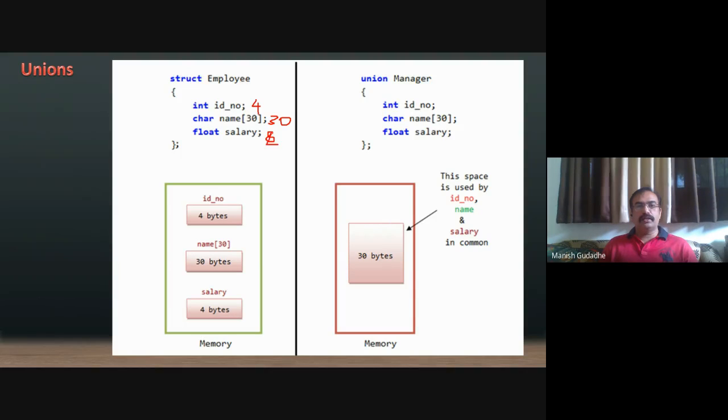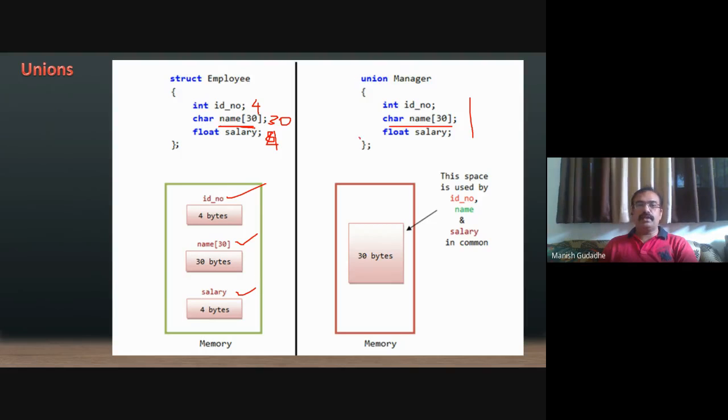Among these, the name is the biggest member. In the structure, it is very clear that 4 bytes will be separately there for the ID number, a separate 30 bytes for the name, and a separate 4 bytes for the salary.